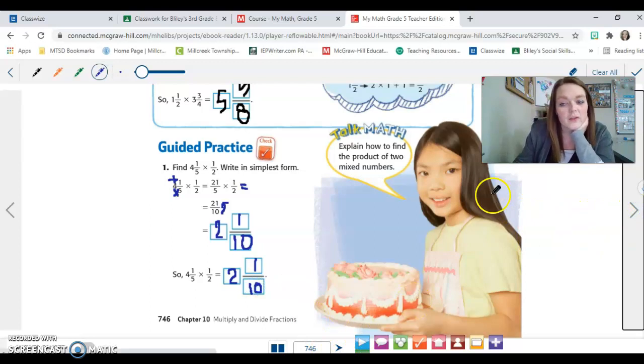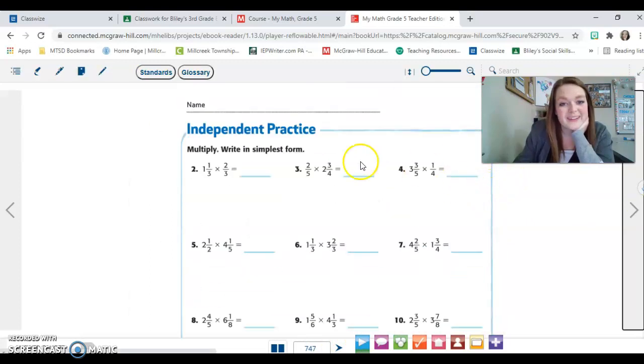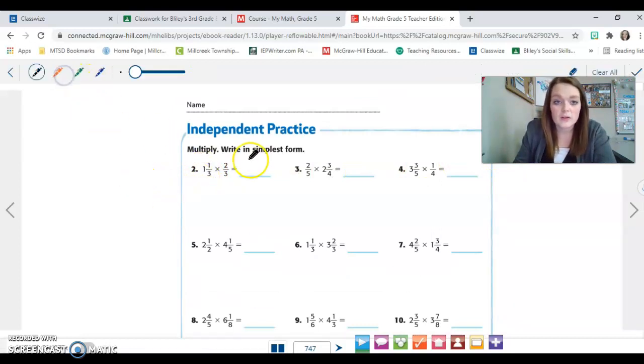Okay, let's look at another one. Okay, I have one mixed number that I need to convert. So first I'm going to multiply my whole number by my denominator. 1 times 3 is 3. Then I'm going to add my numerator. 3 plus 1 is 4.